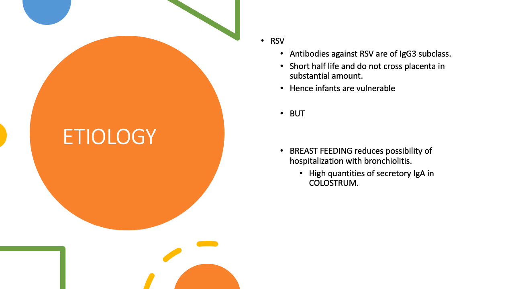But on the contrary, the infants who are breastfed tend to receive a high amount of secretory IgA antibodies in the colostrum, which decreases the possibility of hospitalization whenever they suffer from bronchiolitis. So though the infants are born unprotected from bronchiolitis due to absence of maternal antibodies against RSV in significant titer, breastfeeding is protective against bronchiolitis.